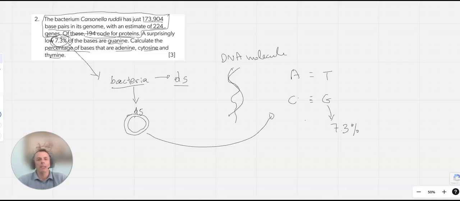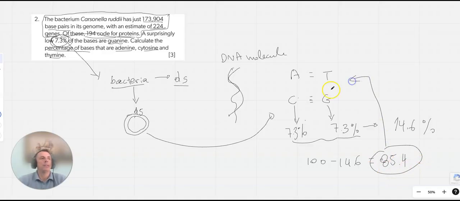That also means that the percentage of cytosine is 7.3%. Add these two together, they make 14.6%. And if you subtract this out of the total 100%, which is the whole DNA molecule, 85.4% is the rest of it.